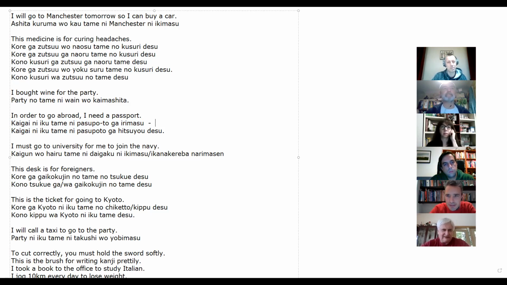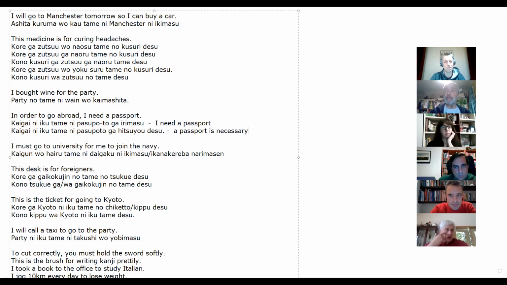The first one is clearly about me. I need a passport, and the second one is just a passport is necessary statement. Exactly. This means I need a passport, and this means a passport is necessary. You can use either of these sentences in this situation. It's just that the nuance is that you need a passport rather than one needs a passport.